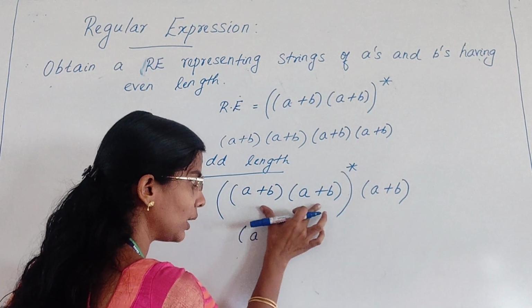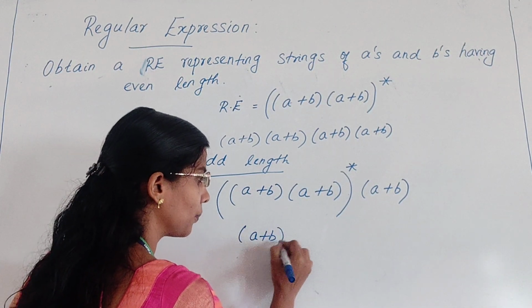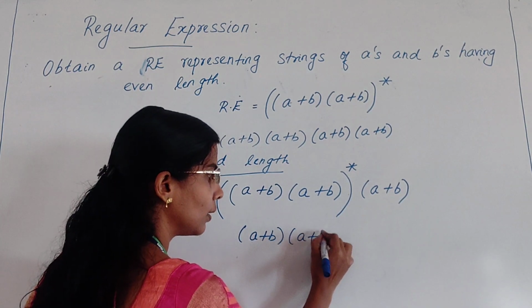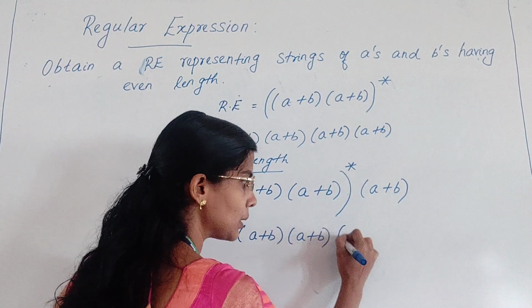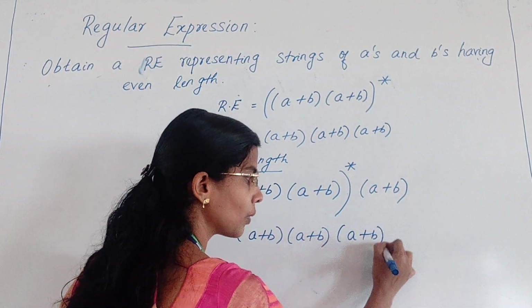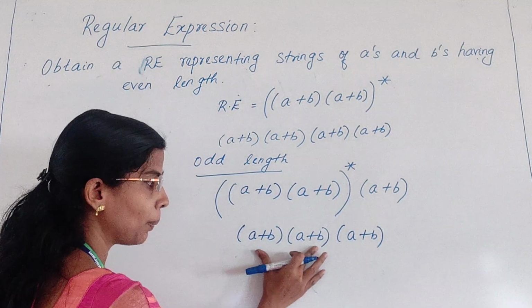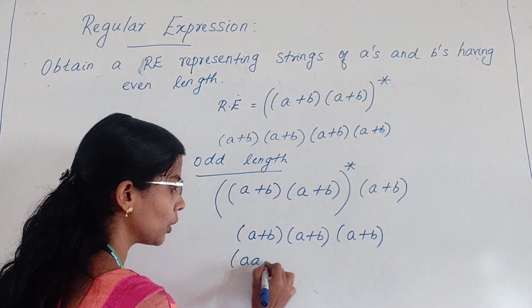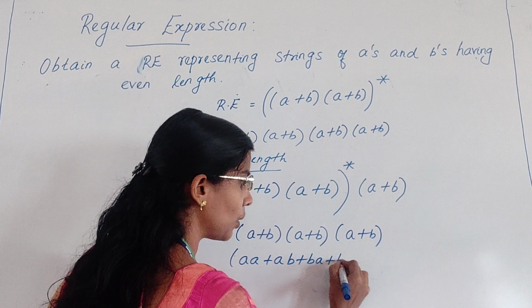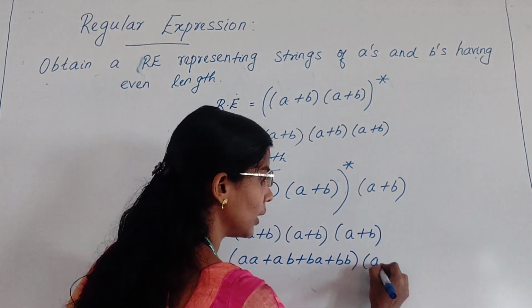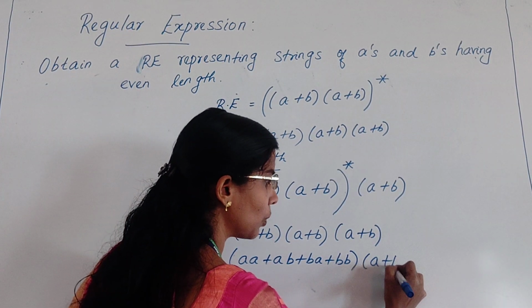So I have to write this for only 1 time. With this I have this A plus B already. When I multiply these two, what are the possible combinations? Now I am writing this A plus B one more time.